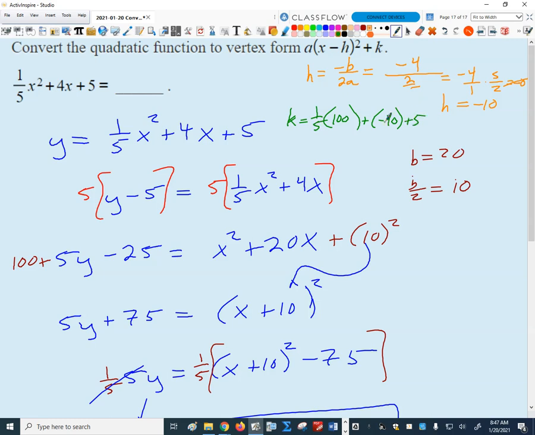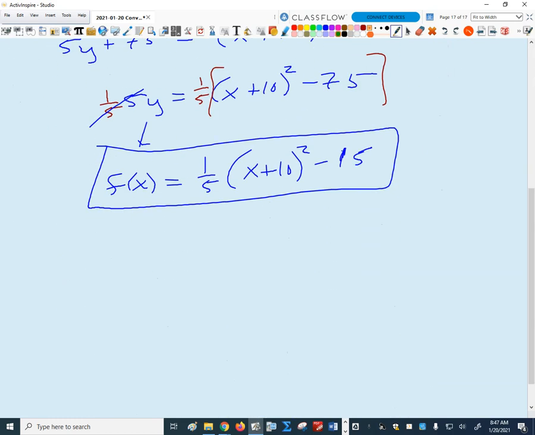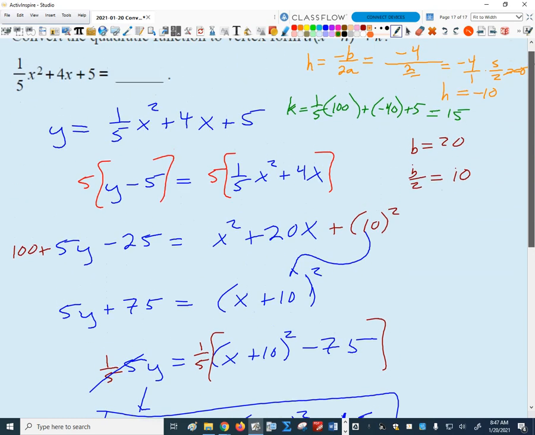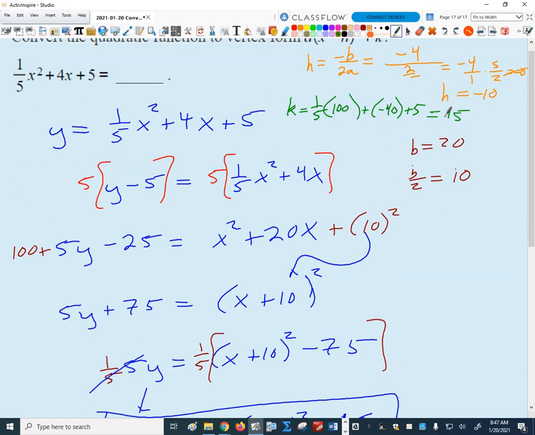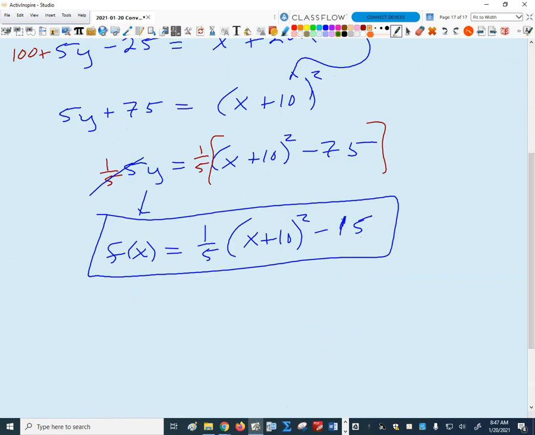So I get 20 minus 40 is negative 20 plus 5, so that's negative 15. So yeah, it works. Everything checks out, finally.